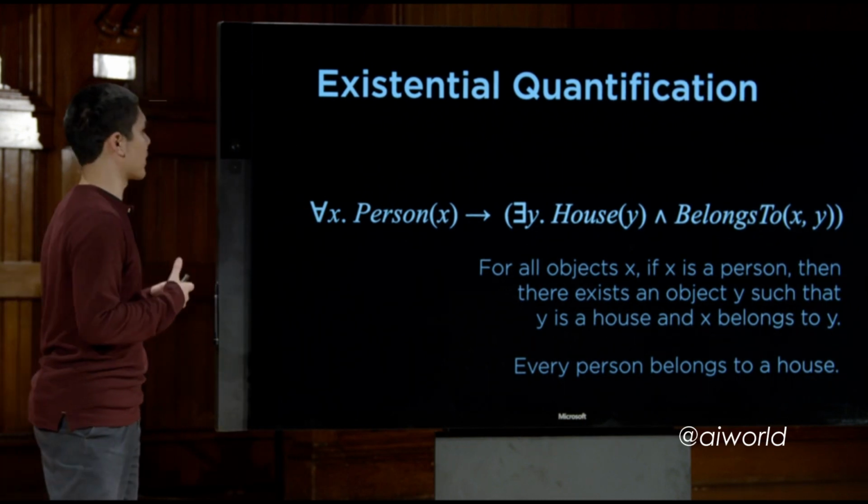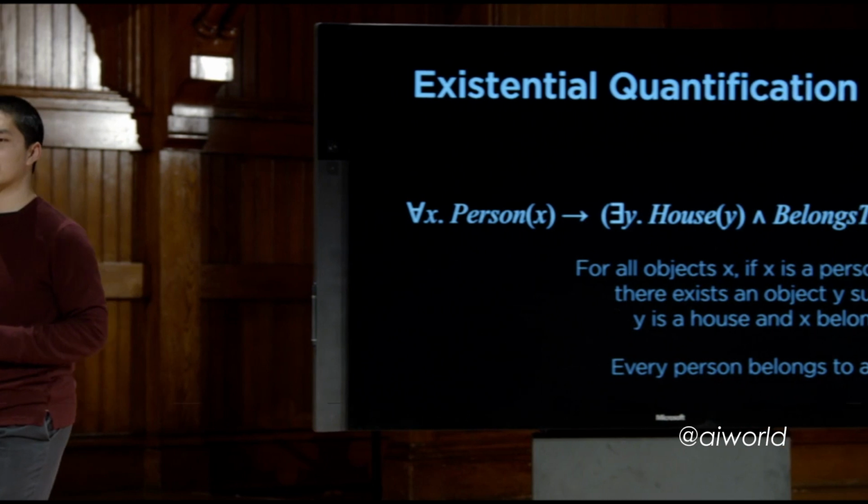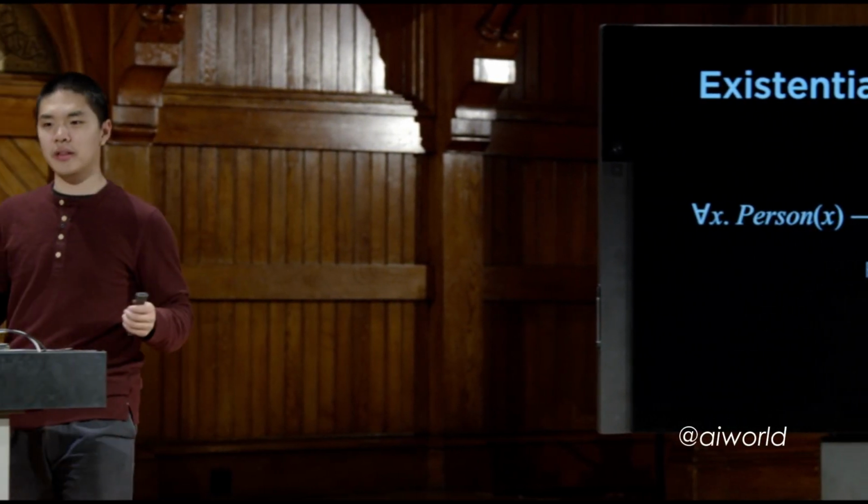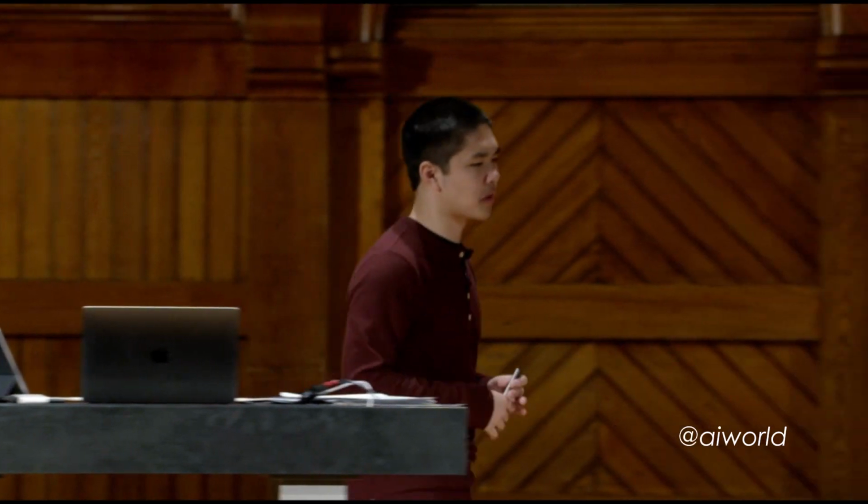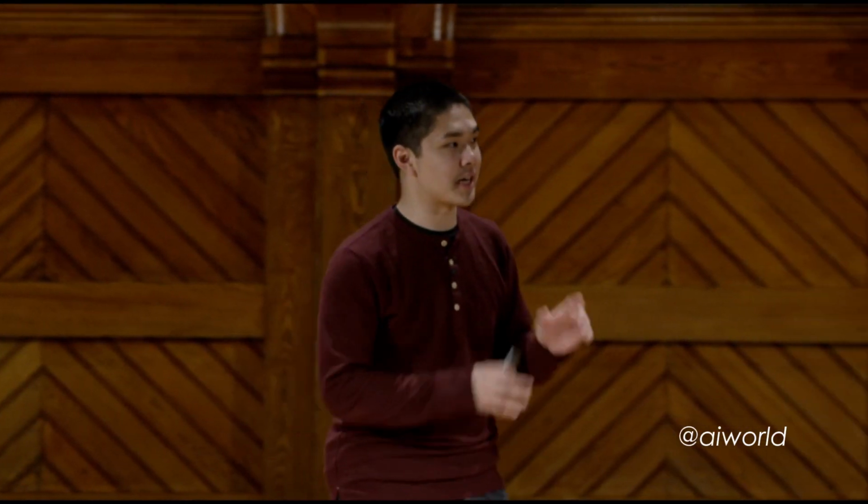And so we can now express a lot more powerful ideas using this idea now of first-order logic. And it turns out there are many other kinds of logic out there. There's second-order logic and other higher-order logic, each of which allows us to express more and more complex ideas. But all of it, in this case, is really in pursuit of the same goal, which is the representation of knowledge.